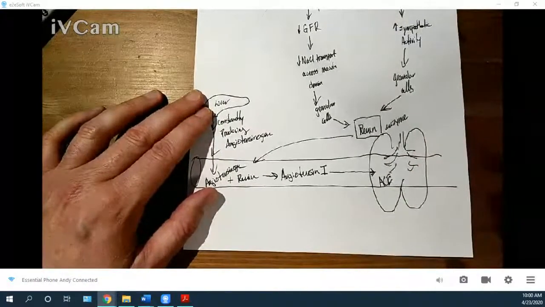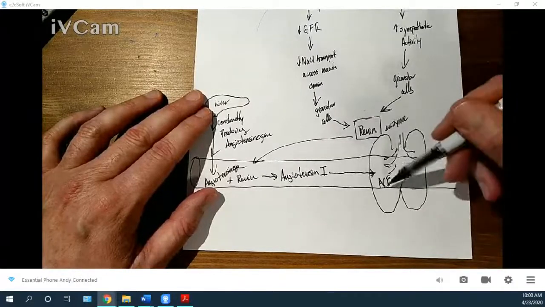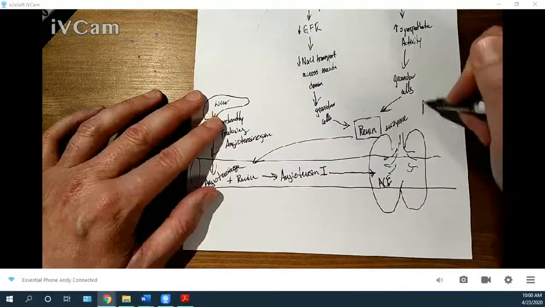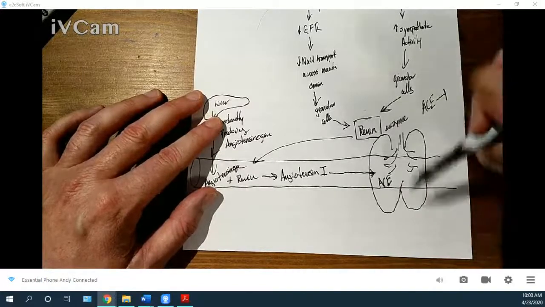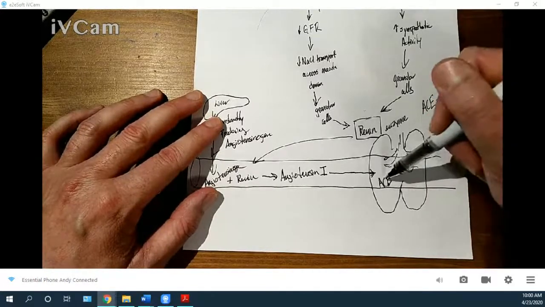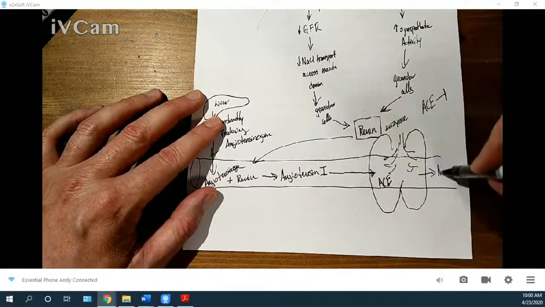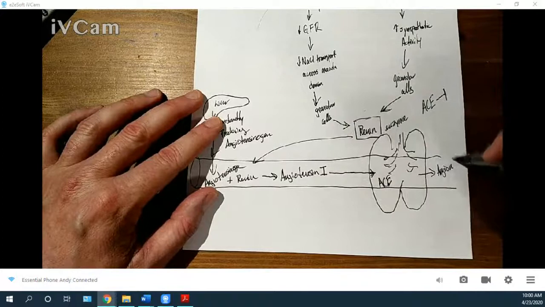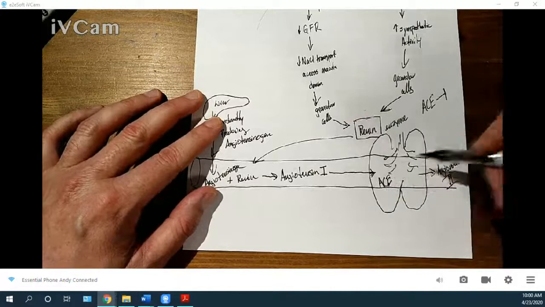angiotensin converting enzyme. So if you have hypertension, there are drugs called ACE inhibitors. ACE inhibitors inhibit ACE from converting angiotensin 1 to angiotensin 2. This is what ACE does, angiotensin converting enzyme.